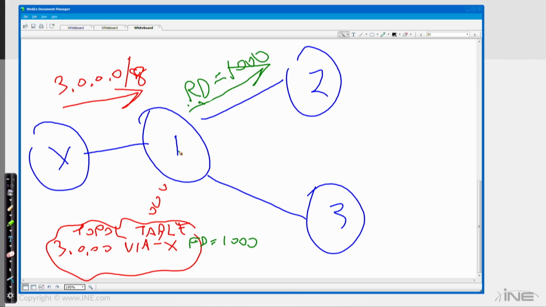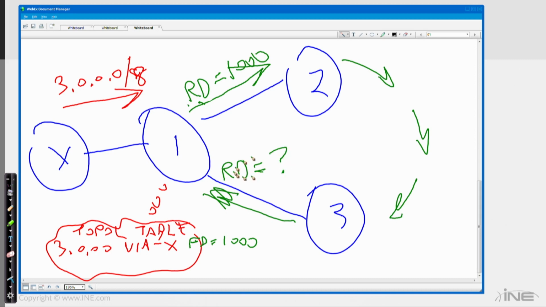Now how do we prevent routing loops? Well, we know something. If this routing update were somehow to circle back around and come back in this way, what do we know? We know that whatever the reported distance would be, if this was the same route I had sent out this way and coming back to me, it would be at least equal to 1,000 or greater, right?